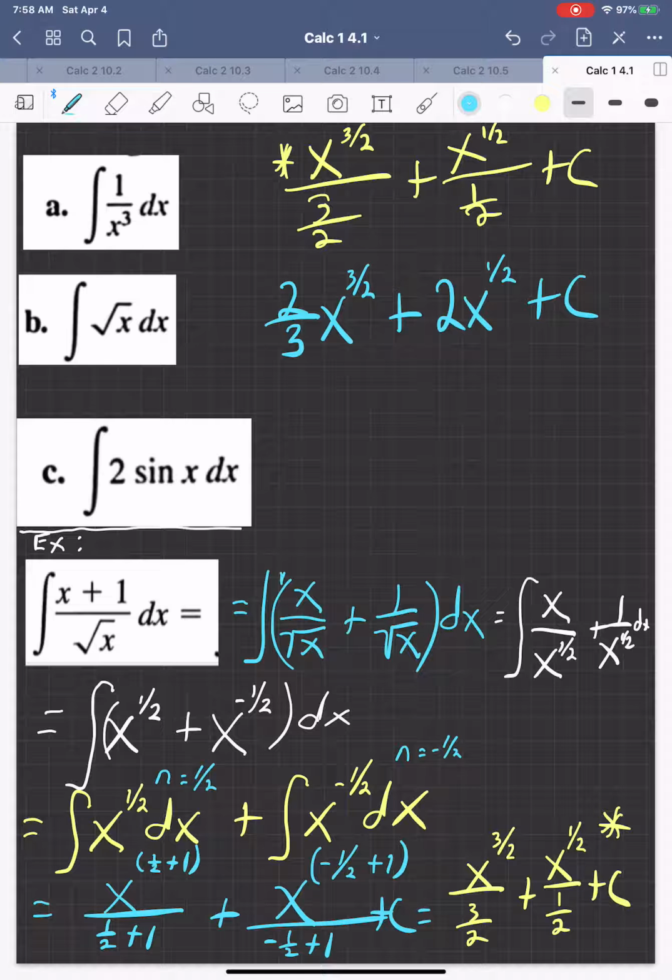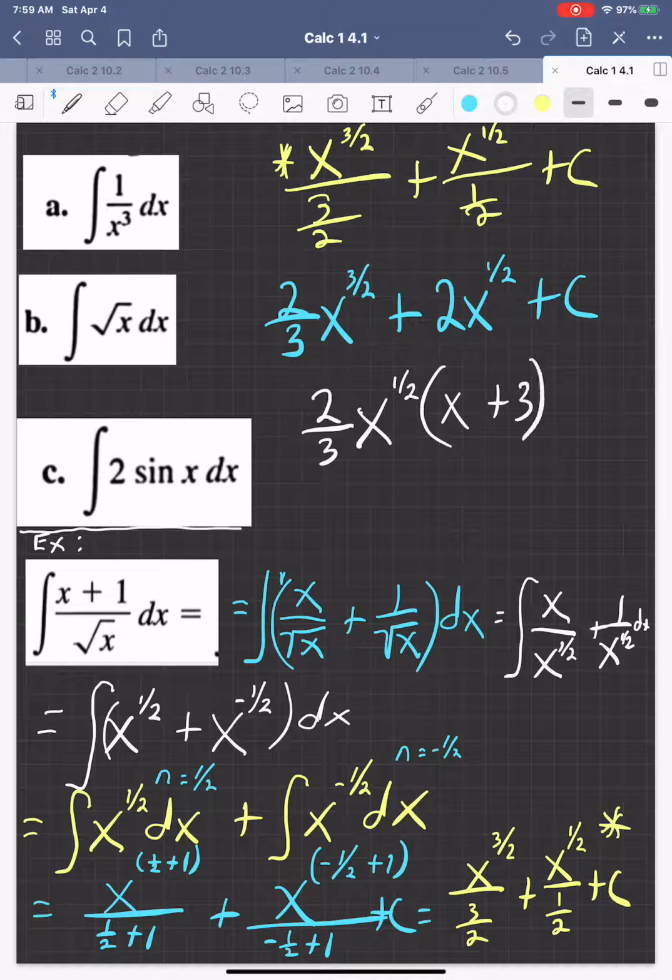All right, and normally, if you were to say look up the answer in the back of a textbook, normally what they would have done is, of course, they would have factored out, say, 2/3 x to the 1/2, and what would be left would be the x plus 3.